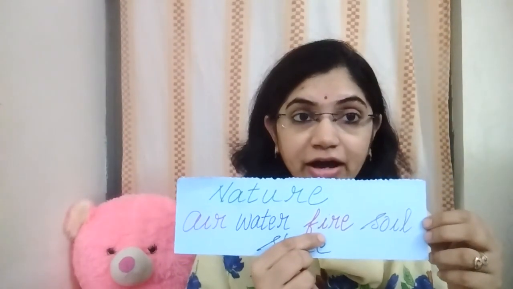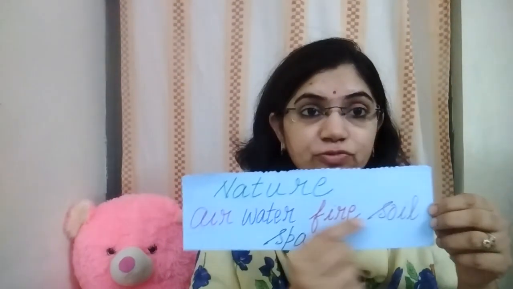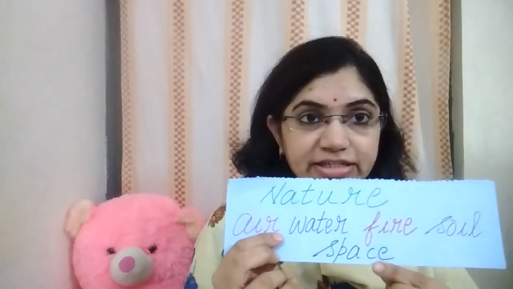Fire, F-I-R-E, fire. Soil, S-O-I-L, soil. And S-P-A-C-E, space. So these are 5 elements in nature: air, water, fire, soil, and space.